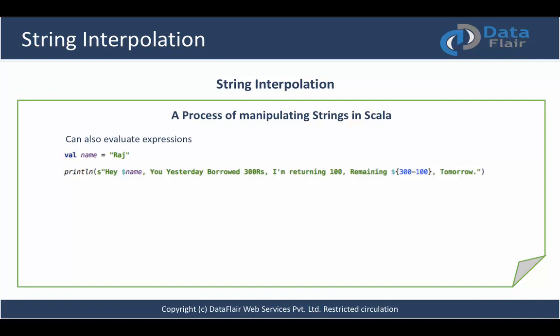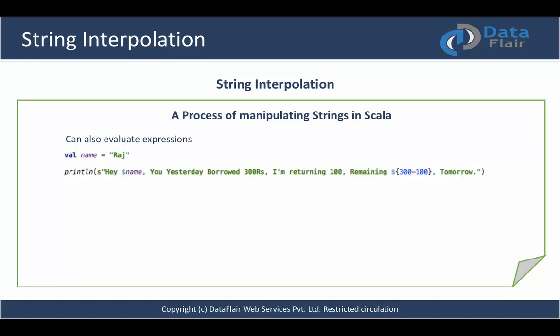It tells the Scala compiler that the next thing that is going to come takes a dynamic value, so please evaluate that. Then on the right hand side we have this dollar, then an expression that is subtracting 300 minus 100.